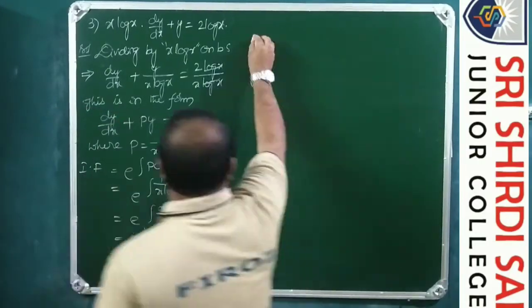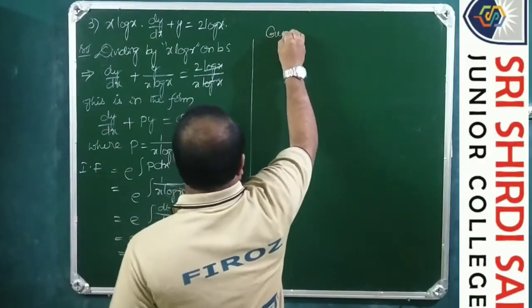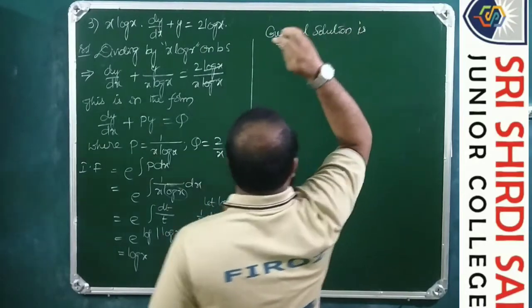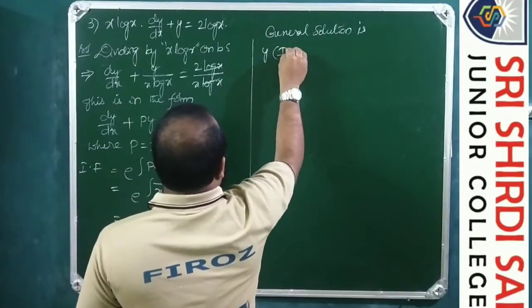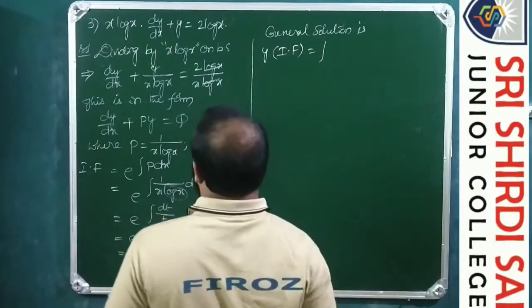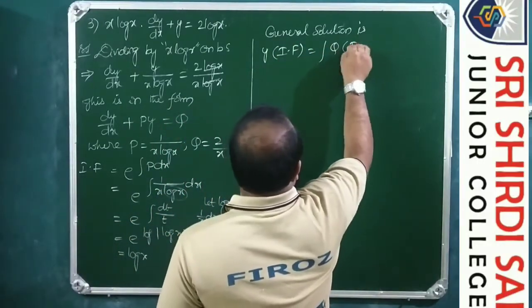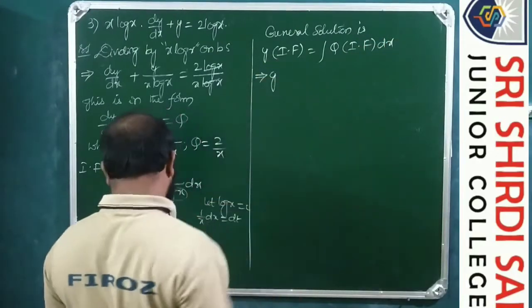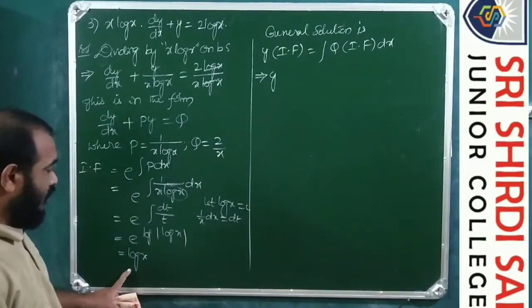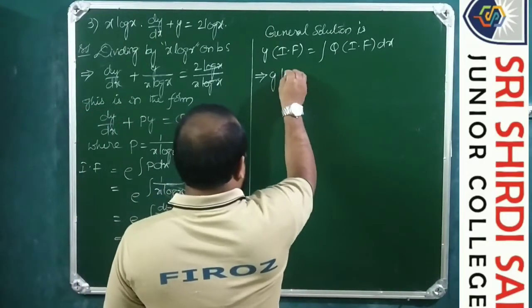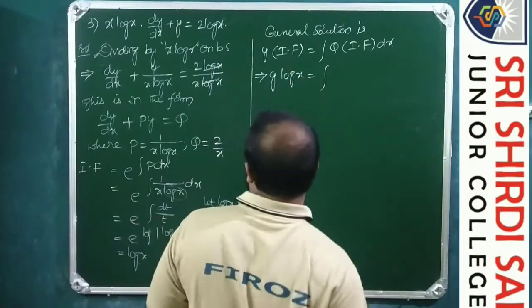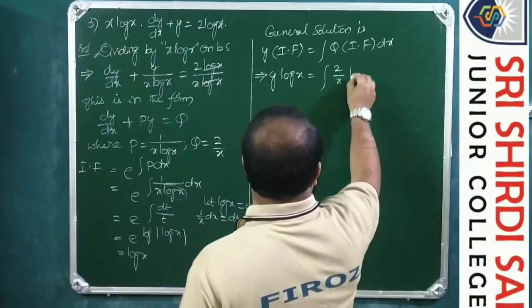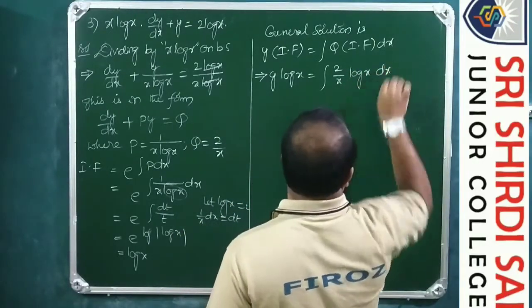So y log x is equals to integral of 2 by x into log x dx.